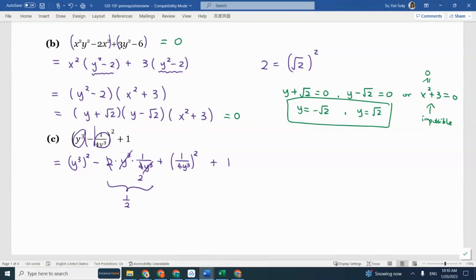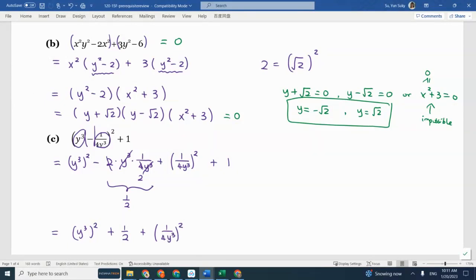Right? Everybody? This term is 1/2. Oh, negative 1/2 plus 1 is 1/2, exactly. So we get y cubed squared plus 1/2 plus 1 over 4y cubed squared.